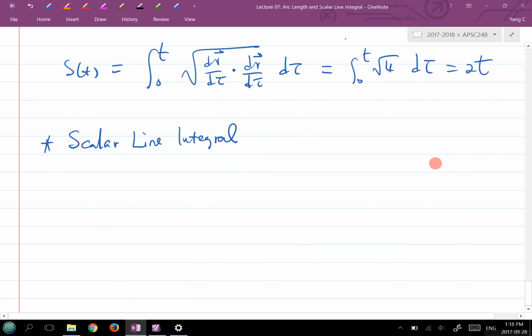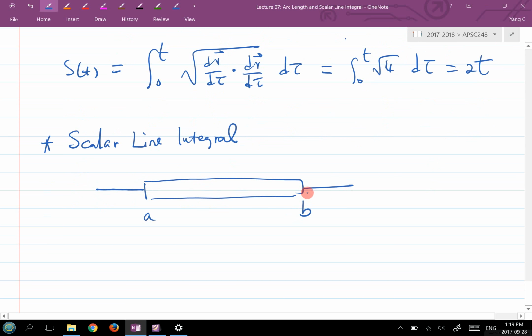Let's start from a very simple, typical case. Let's say I have a piece of wire from A to B.